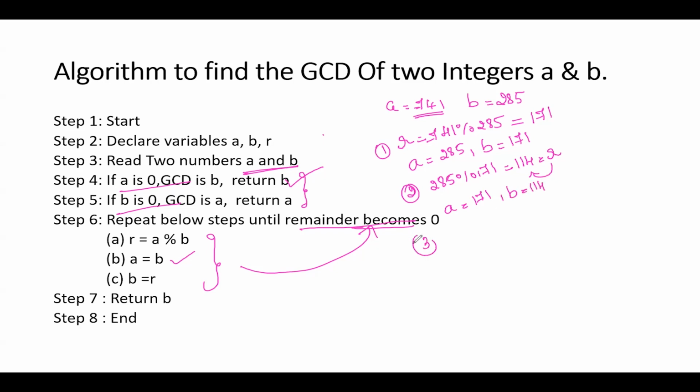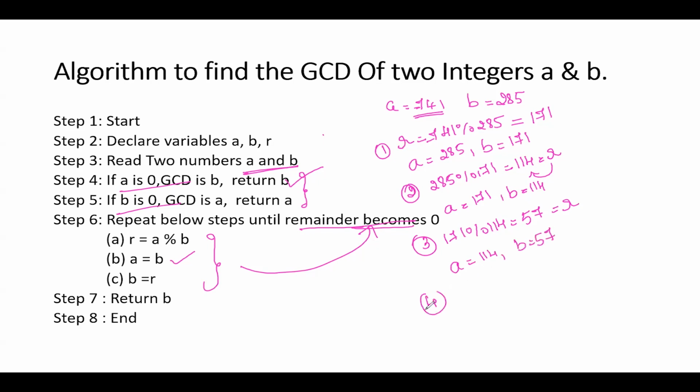So the third iteration, what I'm going to do is 171 mod 114. Now, as you can see, 114 divides 171 once, and there will be a remainder of 57. So this is your remainder, which is not equal to 0. Hence, I will go ahead and swap the values. a will become 114 and b will become 57.